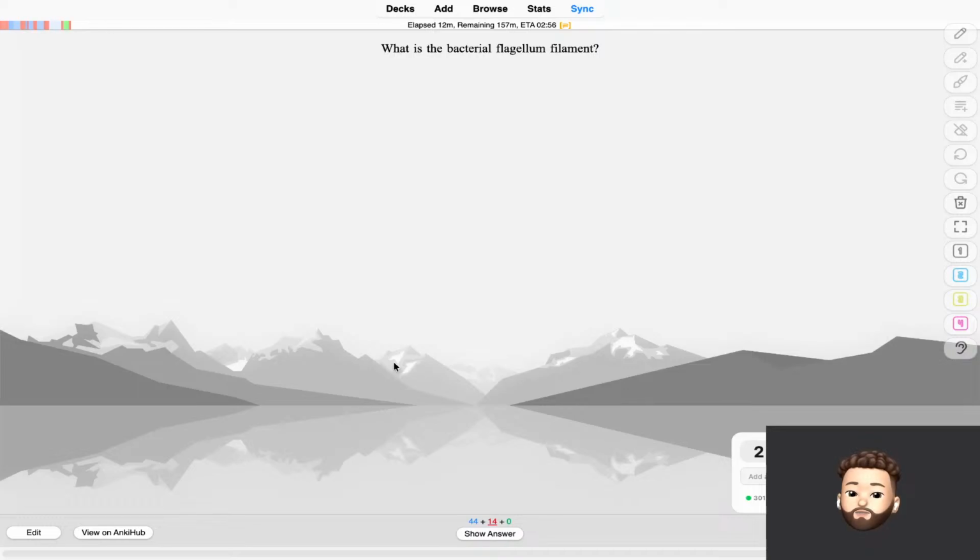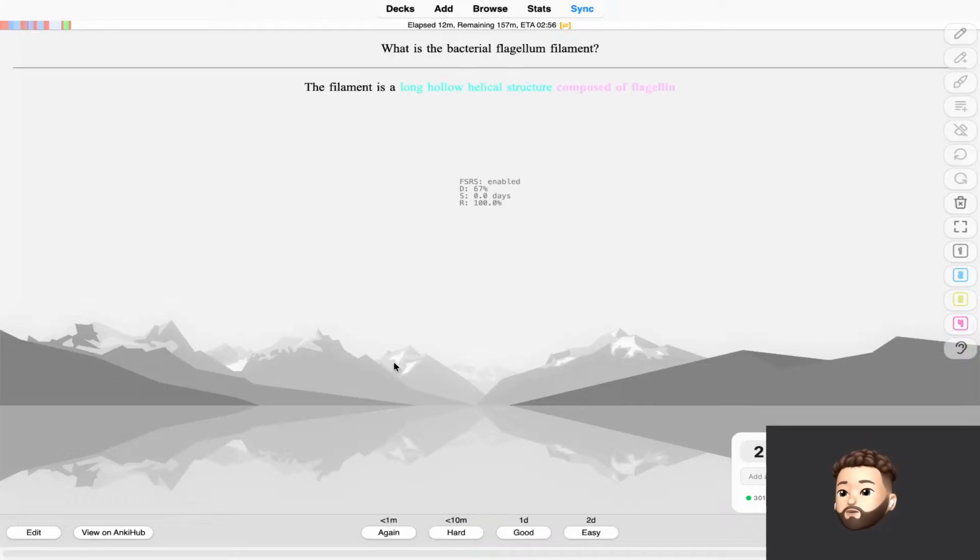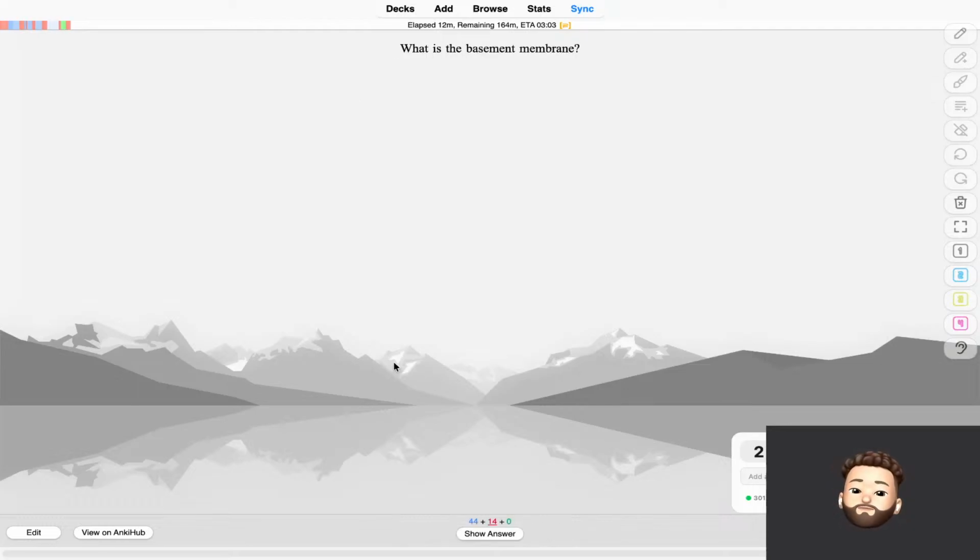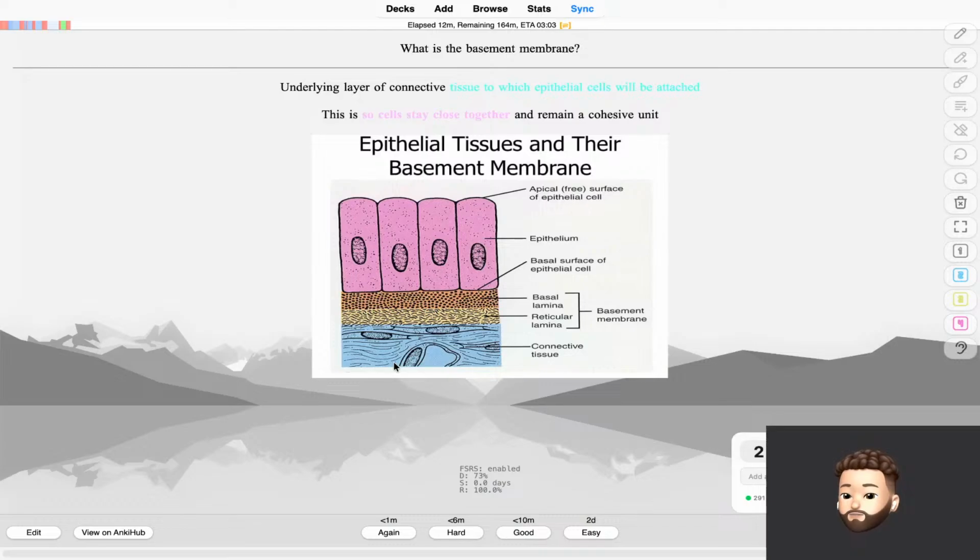It anchors the flagella to the membrane. It also provides the motor force necessary to activate the flagellum. Oh man, damn! I think I just said its function. My bad. That was actually the basal body. Shaking my head, bro. The underlying layer of connective tissue to which the epithelial cells are attached.